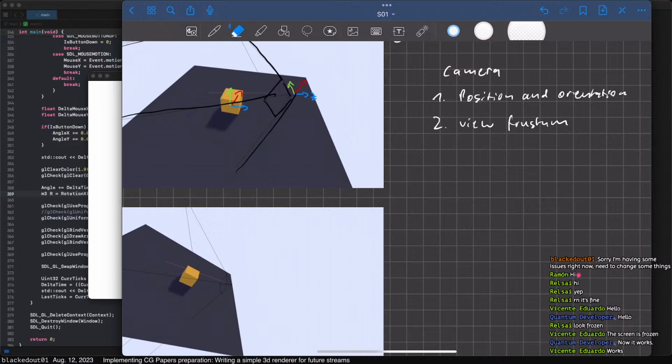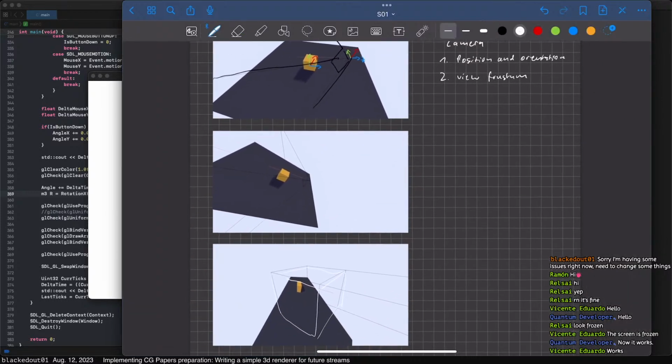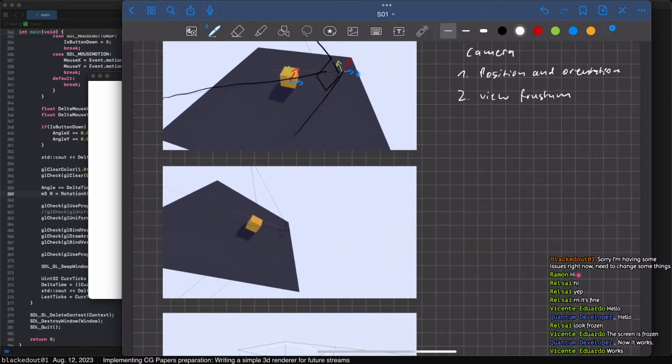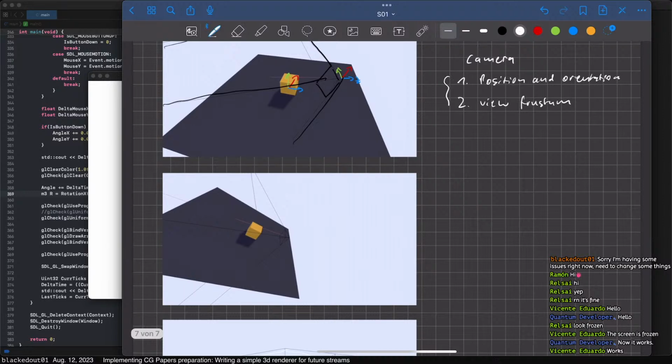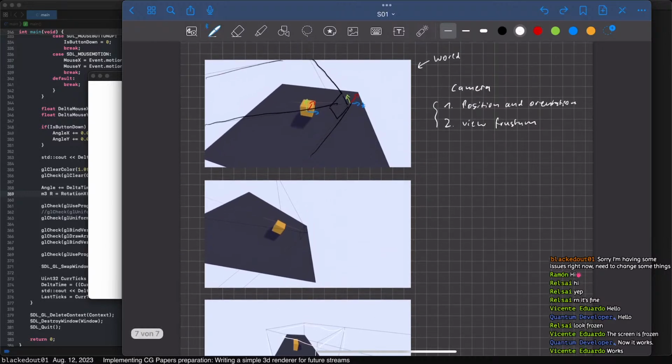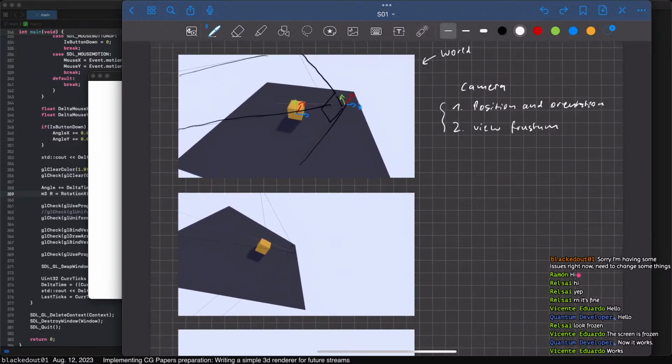And each of these parts is one step in the transformation pipeline. The way these two things are converted into this cube here is, you can think of it, we first transform the world.